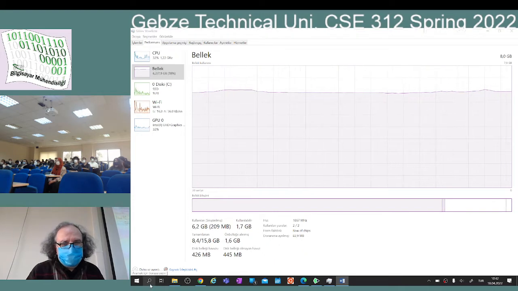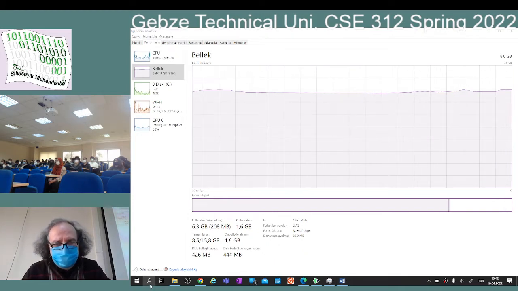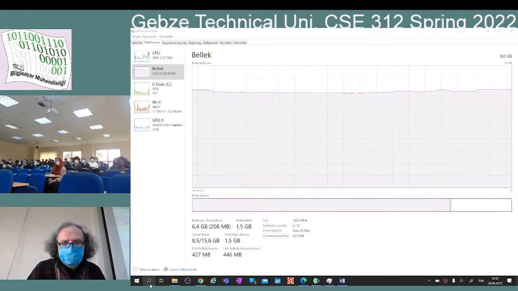Okay, let me try to load Excel. I guess it is loading right now. Is it? Yeah, it increased a little bit, now it is dropping back.